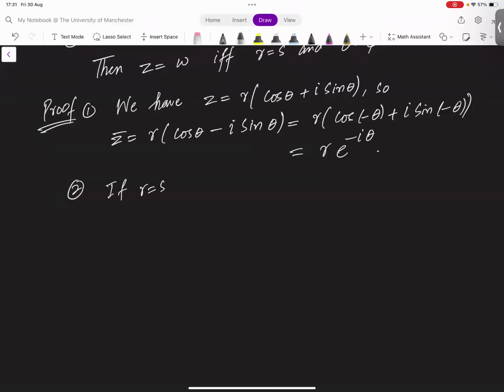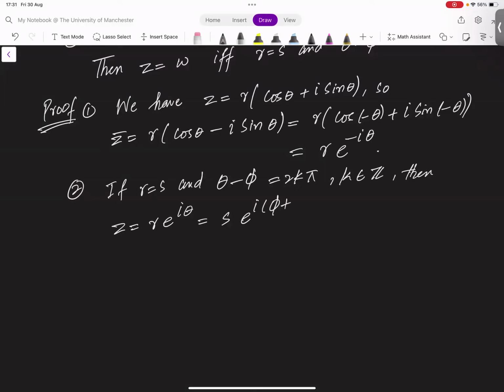Two, if r is s and θ minus φ is 2kπ with k in Z, then z is r e^{iθ}, which is s e^{i(φ + 2kπ)}, which is s e^{iφ}, which is w.